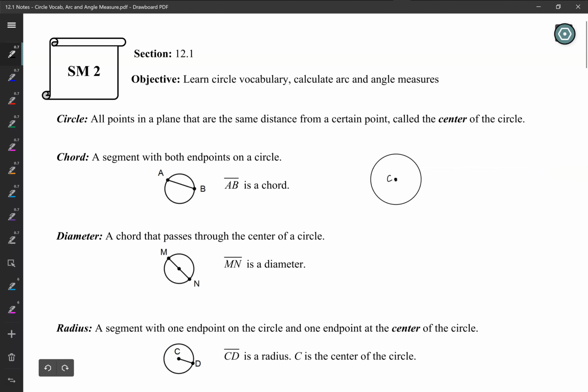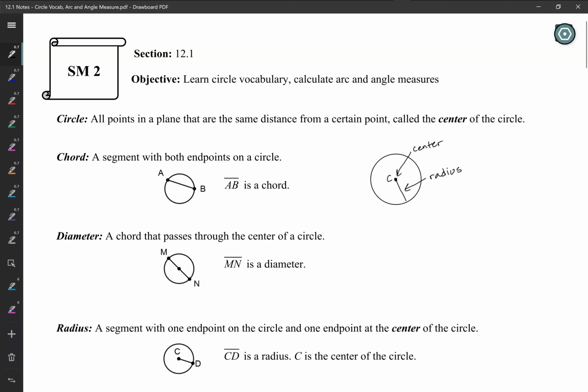So, that's the center right there. And the distance from the center to every point on there is called the radius. Yay. All right, you guys all knew that.